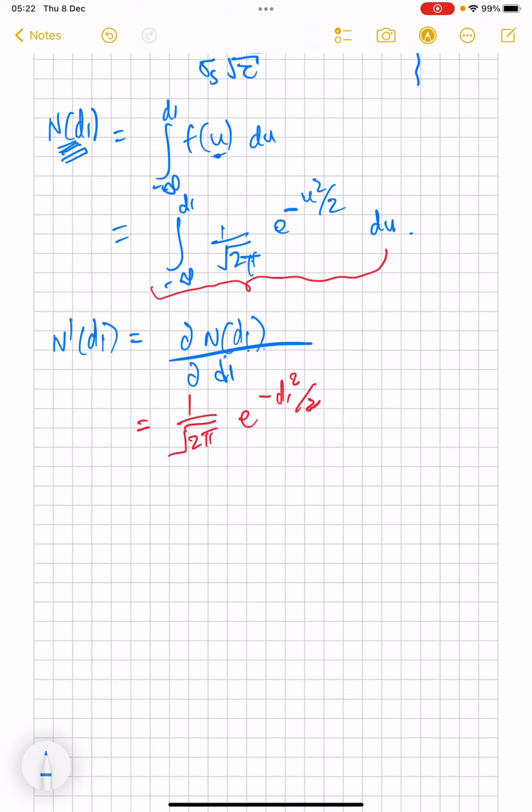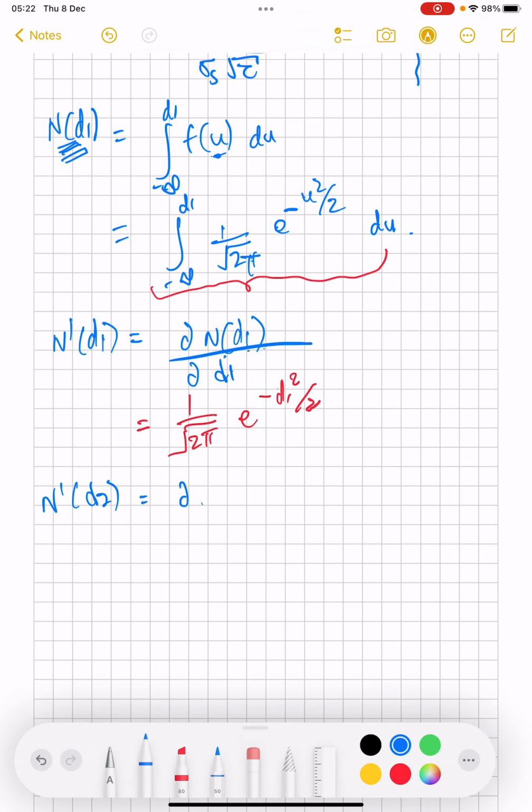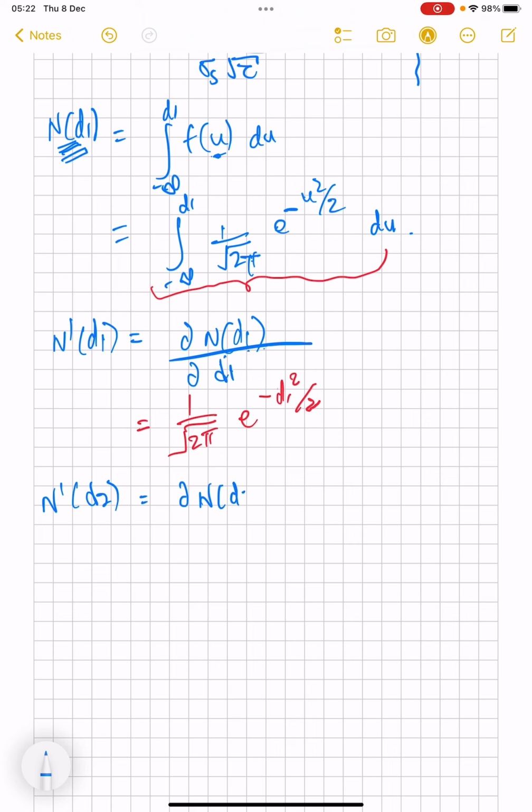Similarly, if I want to find the first derivative of d2, it's going to be this.